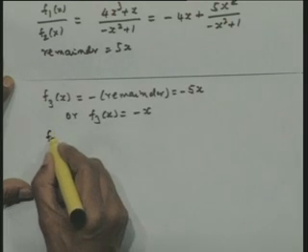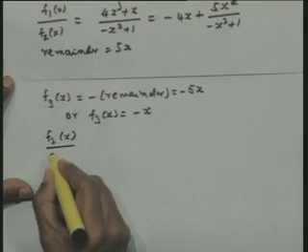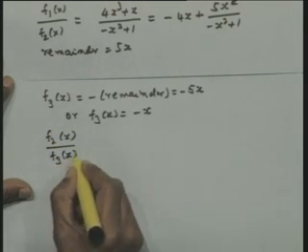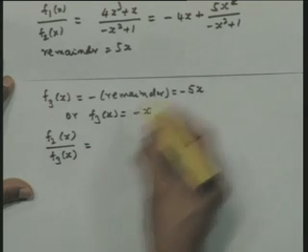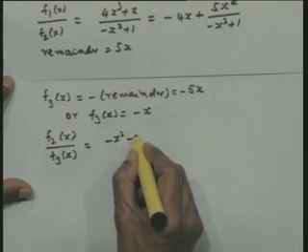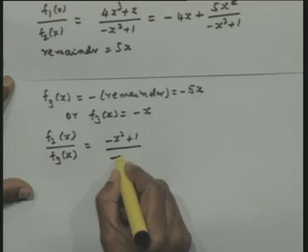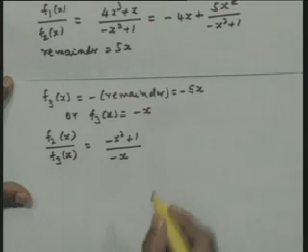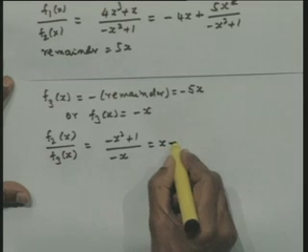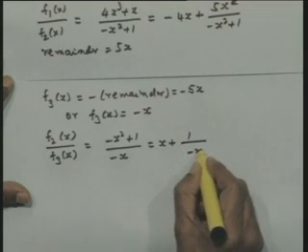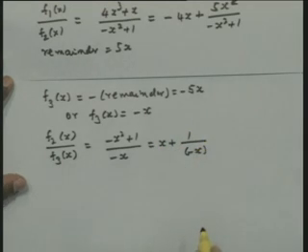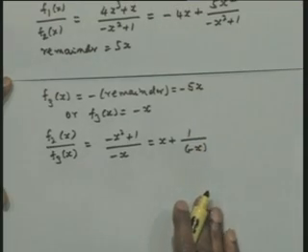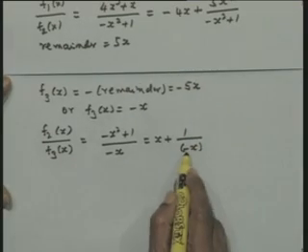Then I divide f2(x) by f3(x). f2(x) is minus x squared plus 1 divided by minus x. This I can write as x plus 1 upon minus x. Remember, I would like to retain this f3(x) as minus x in the denominator.